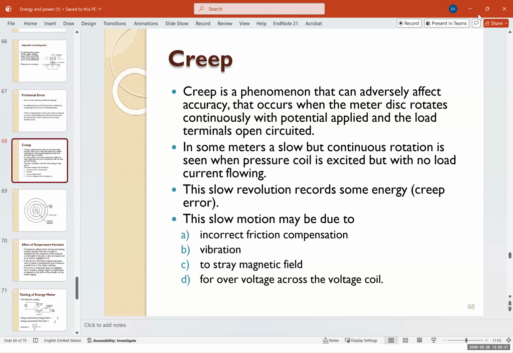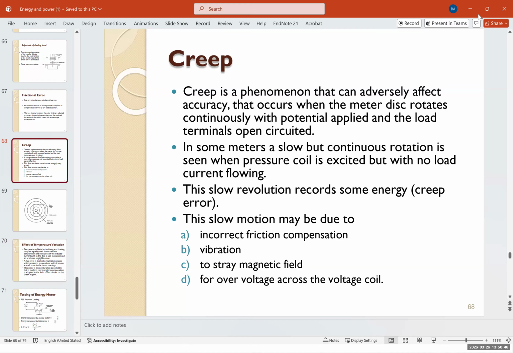It's very easy. So creep is a phenomenon that can adversely affect accuracy. It occurs when the meter disc rotates continuously with potential applied and the load terminal open circuited. In some meters, a slow but continuous rotation is seen when the pressure coil is excited but no load current is flowing.